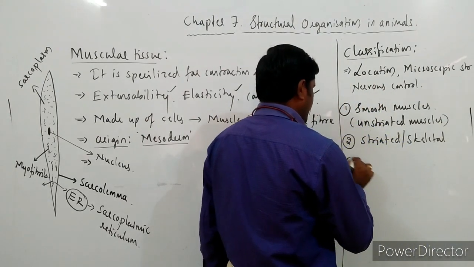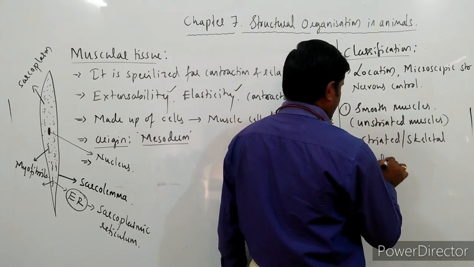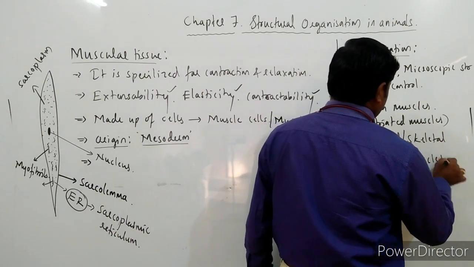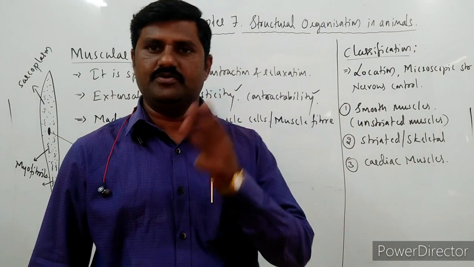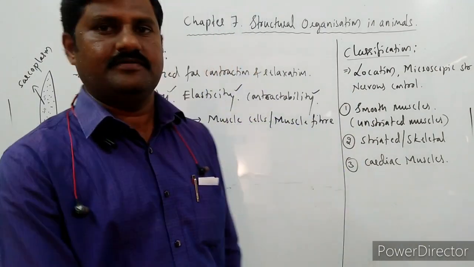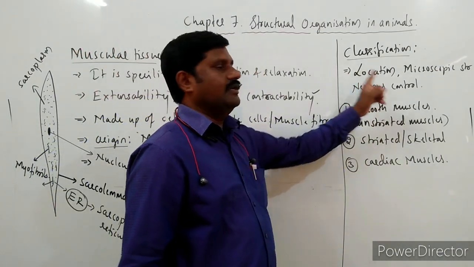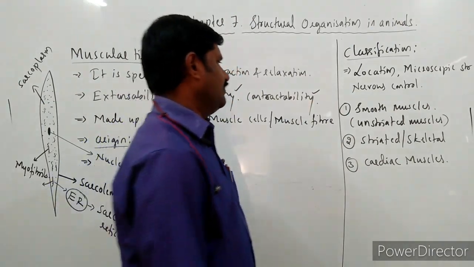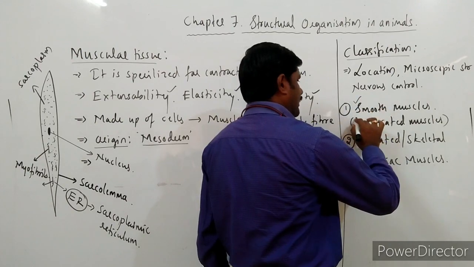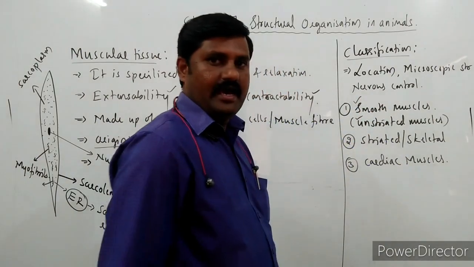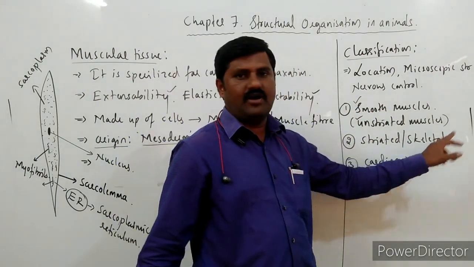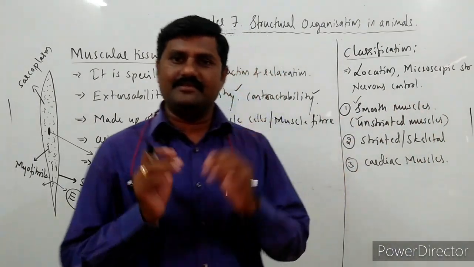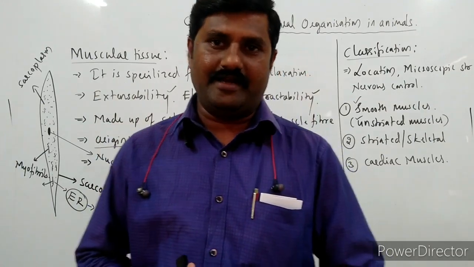And the third one is cardiac muscles. So like this, they have been classified into three kinds based on their location, their nervous control, as well as microscopic structure itself. So what are those ones? Smooth muscles are unstriated muscles, the second one is striated muscles or skeletal muscles, and the third one is cardiac muscles. Like this, they have been classified into three kinds.